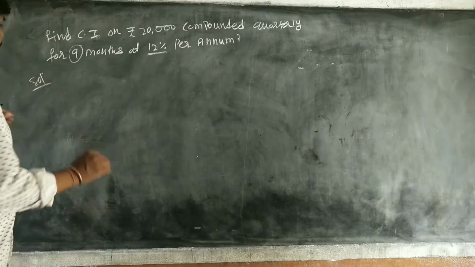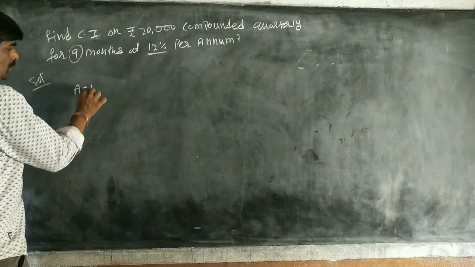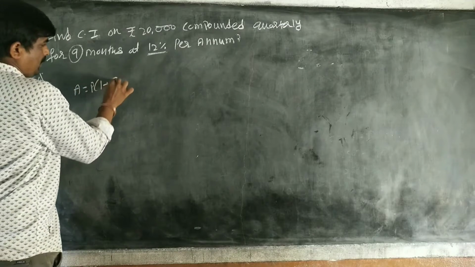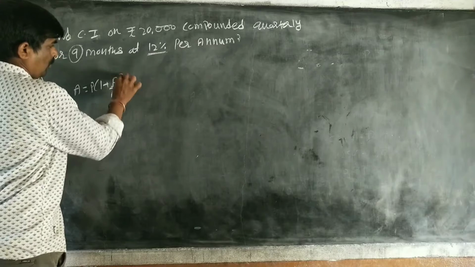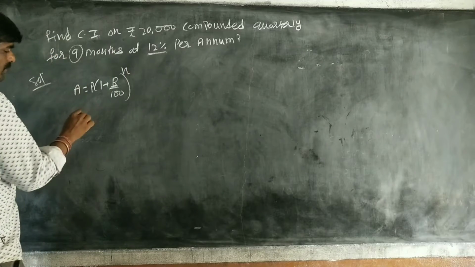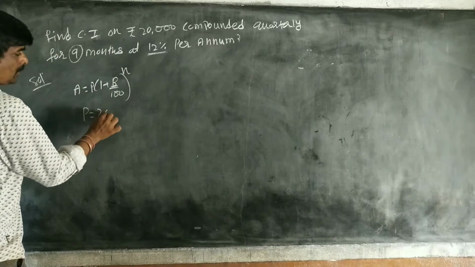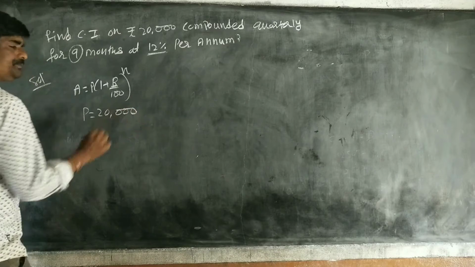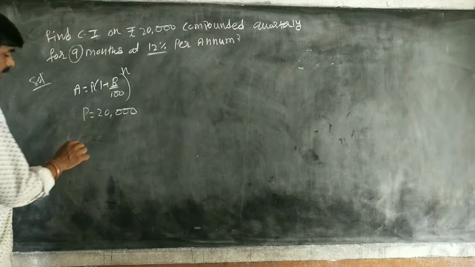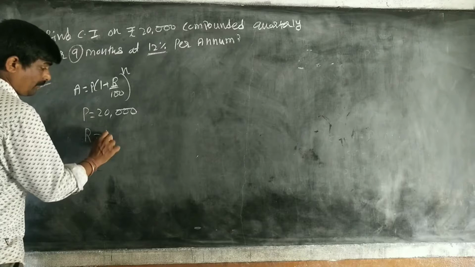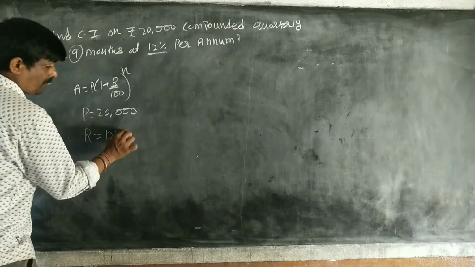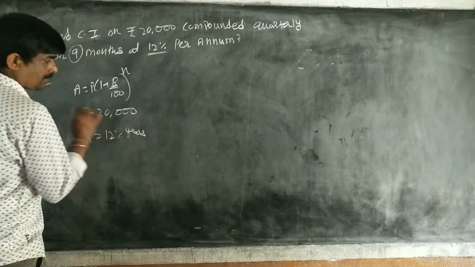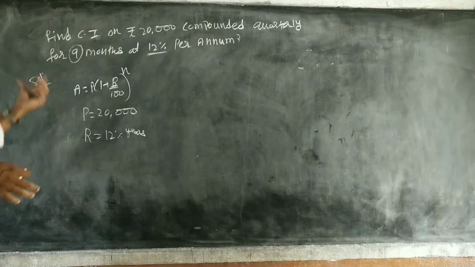So simple. What is the formula? A is equal to P into 1 plus R by 100 whole power n. First, the principal is given, 20,000. Next, rate of interest is 12% for 1 year, but he asked quarterly.